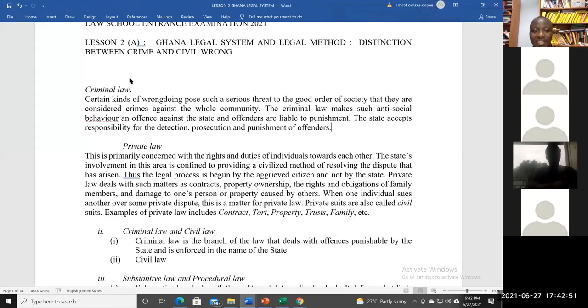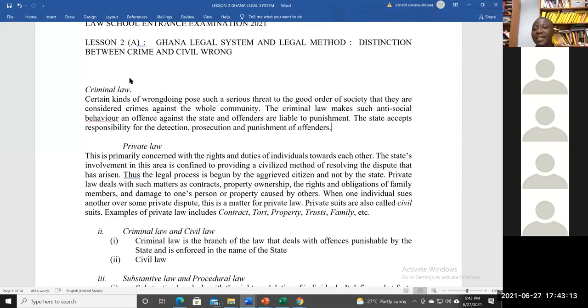So having said that, as part of my broad brush approach towards revision in Ghana legal system and legal method, I will start by saying that, in case you have forgotten, we distinguish legal system from legal tradition.